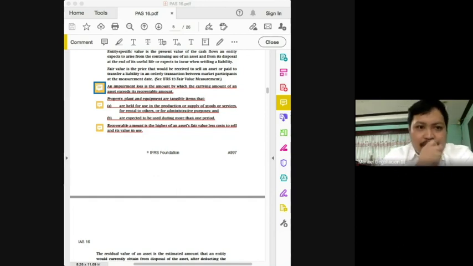And considering that property, plant, and equipment must have an expected use of more than 1 year, then that will tell us, class, that property, plant, and equipment is to be classified as a non-current asset. Please remember that. This is very important. A lot of questions will revolve around that question: compute for the total non-current assets. So automatically, everything in the enumeration that is an item of PPE will be classified as a non-current asset.